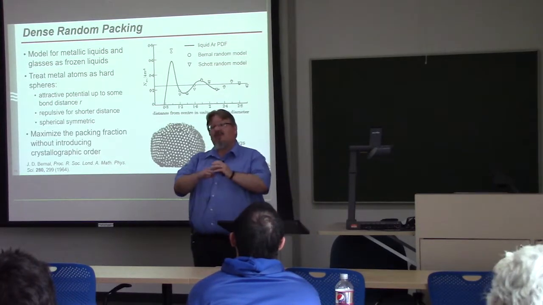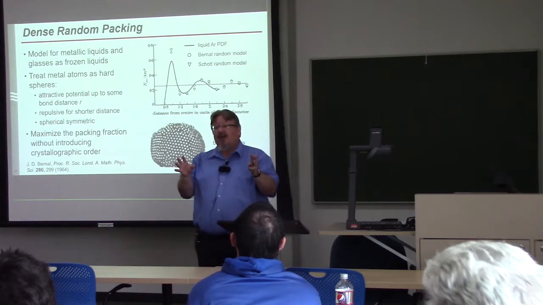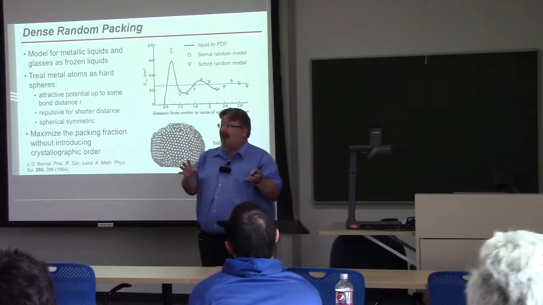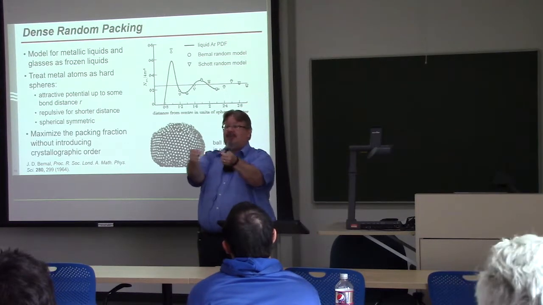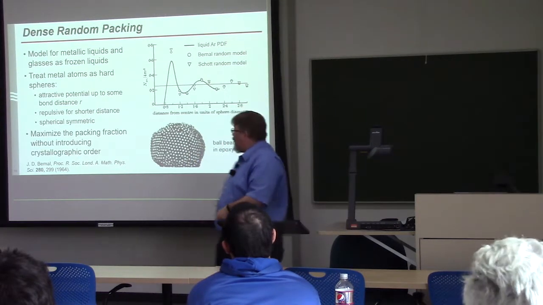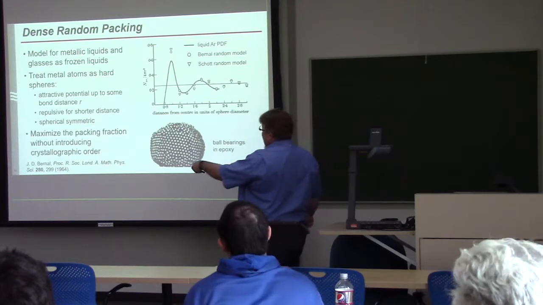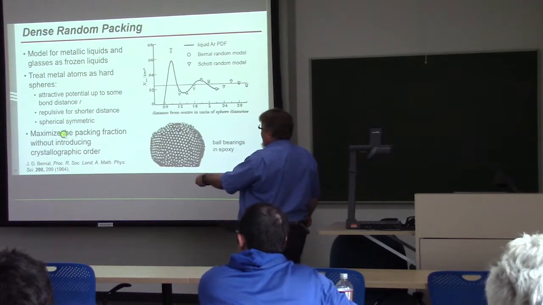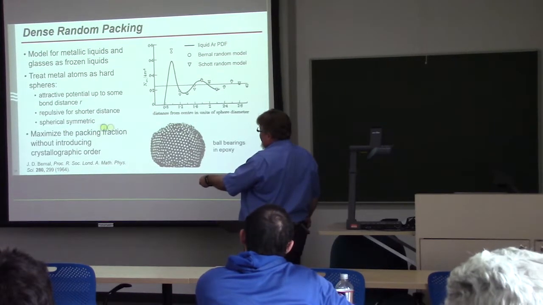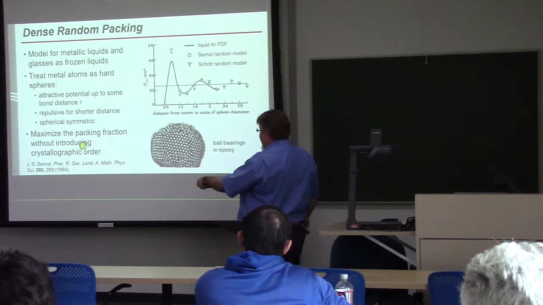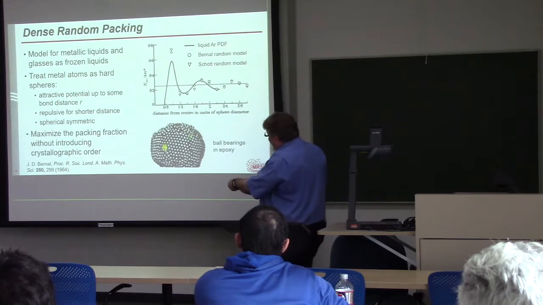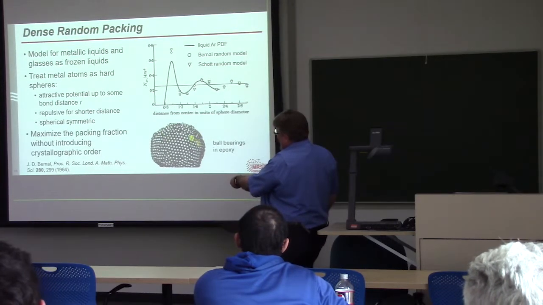So this is the simplest possible model for the structure of metal atoms, and that is that they are all hard spheres that are attractive up until they touch and then repulsive. And you want to pack those together in a way that maximizes the filling of space, but without introducing any crystallographic order. So this is one of my favorite figures from the early literature.